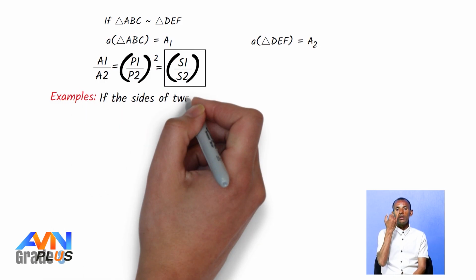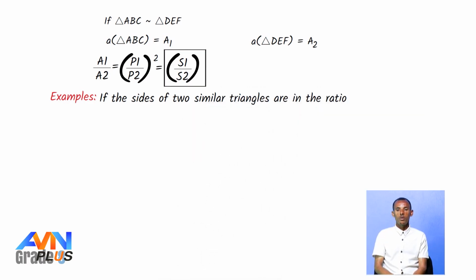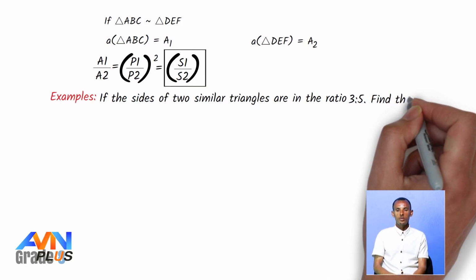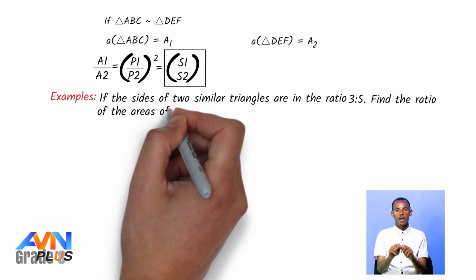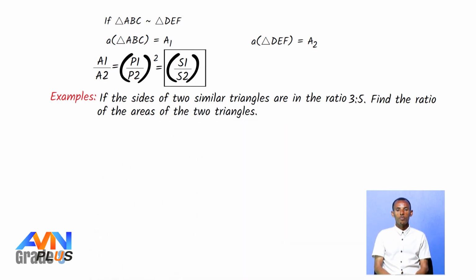If the sides of two similar triangles are in the ratio, so these sides are the corresponding sides of two similar triangles in the ratio 3 to 5.